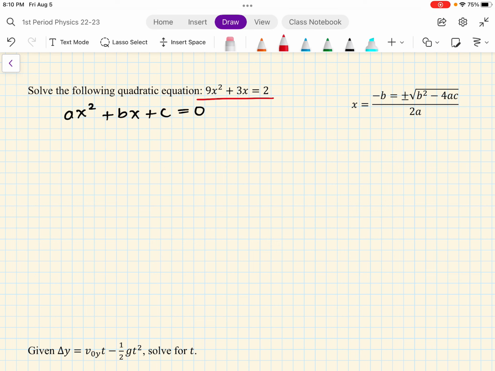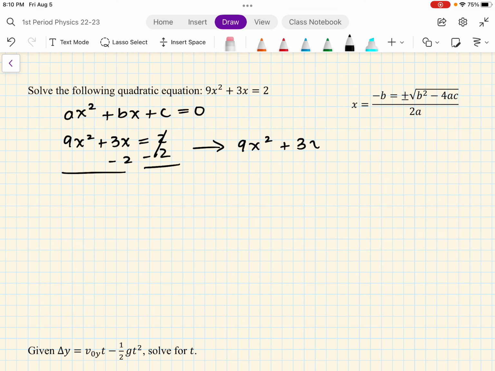So I'm going to rewrite it. 9x squared plus 3x is equal to 2. To make it equal to 0, I'll just move the 2 to the other side, or subtract 2, whichever way you want to think about it. This cancels. I'm going to use this side, guys, to have more room. So that'll be 9x squared plus 3x minus 2 is equal to 0.